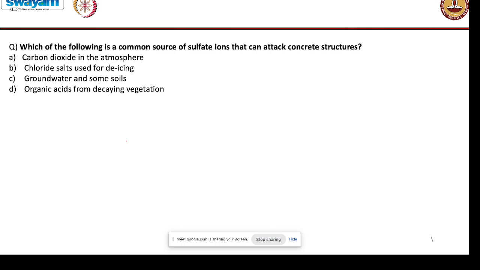Now where can they come from: carbon dioxide in the atmosphere, chloride salts used in de-icing, groundwater and some soil, and option D is organic acids from decaying vegetation. These are the probable sources from which sulfate ions can come and lead to sulfate attack in concrete structures.